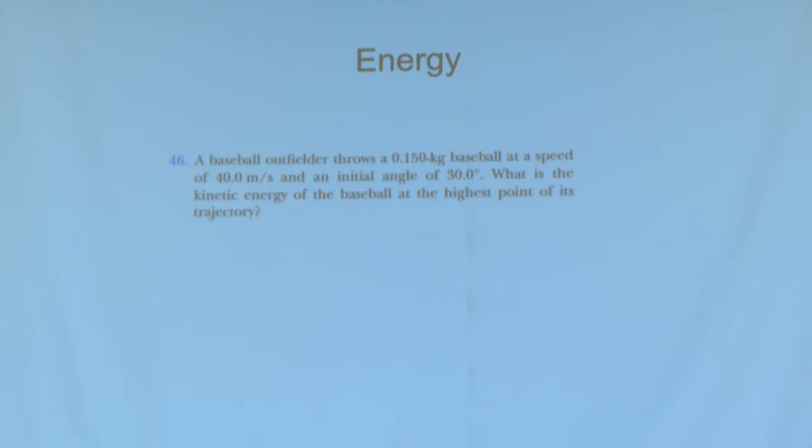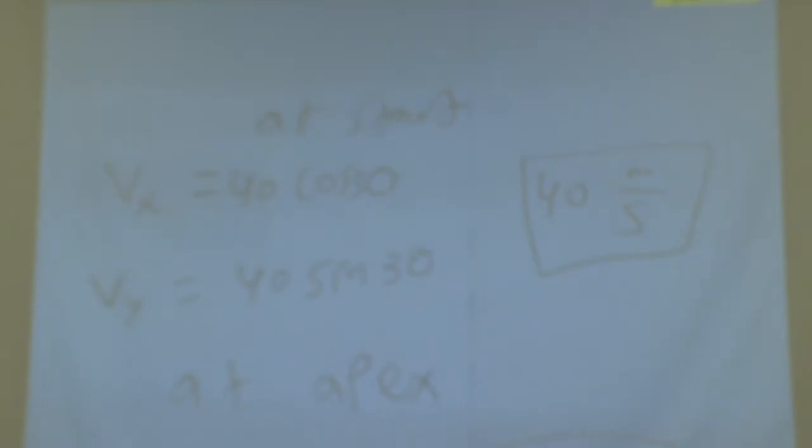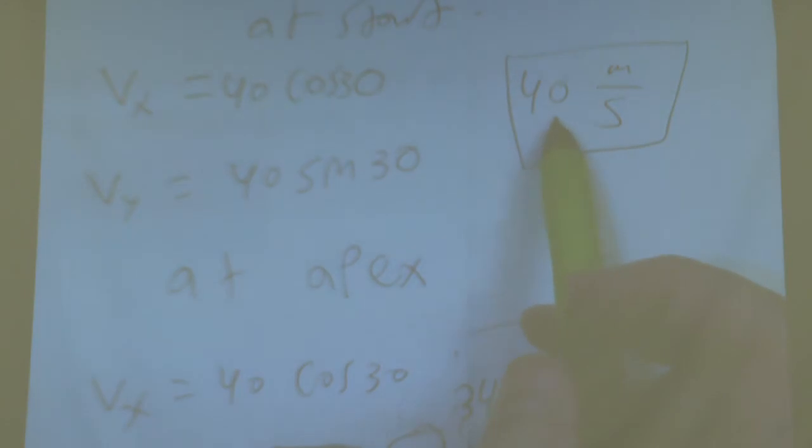All right, who's ready to go over this problem? This is not a very long one. So we know that at the start we have a velocity of 40, and this velocity has x and y components.